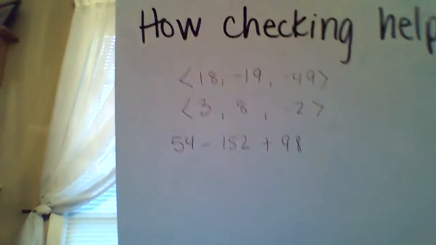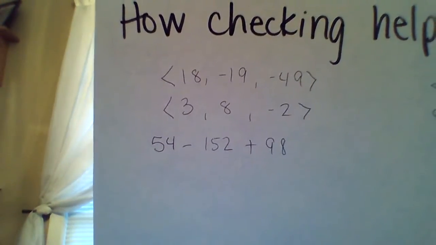Next, I have 49 times 2, but they're both negative, so that's going to be a positive 98. And so would you agree I have right there 54 minus 152 plus 98. 54 minus 152 plus 98 equals 0. So when I found the dot product of these two, it does show that they're perpendicular.